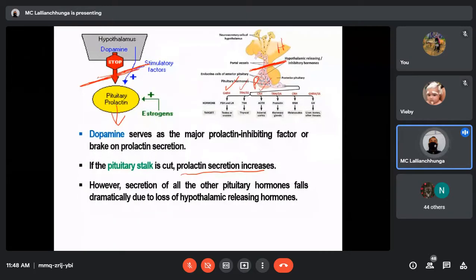You can see here that prolactin secretion is quite different. If you cut the pituitary stalk, prolactin secretion will increase, but all other anterior pituitary hormones will decrease in secretion.